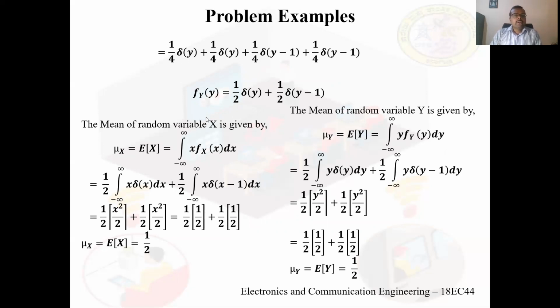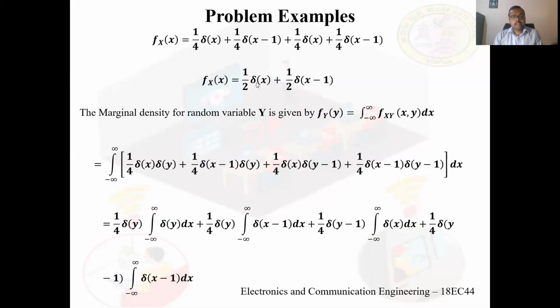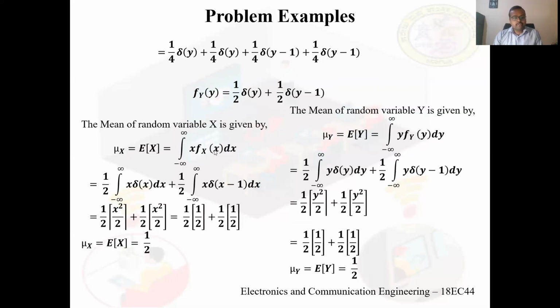Next, we need to calculate the mean of random variables X and Y. What is the formula? We know it from a single random variable: the expectation of X, μ_X, is equal to E[X], which is the integration from minus infinity to infinity of x f_X(x) dx. Now substitute for f_X(x), which we got as 1/2 δ(x) plus 1/2 δ(x−1). So we write the integral of x δ(x) dx, plus 1/2 times the integral of x δ(x−1) dx.